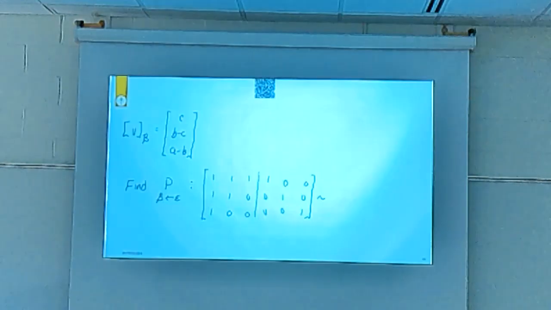You row reduce that. You will get the identity matrix, then augmented with the change of basis matrix. Let's bring that up.